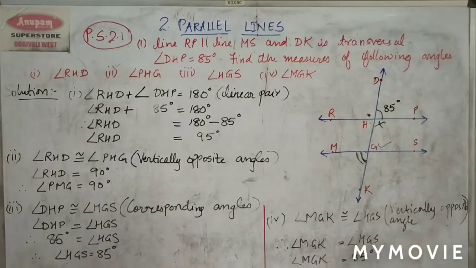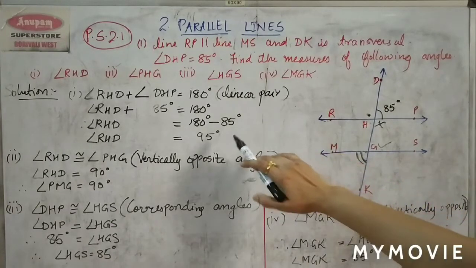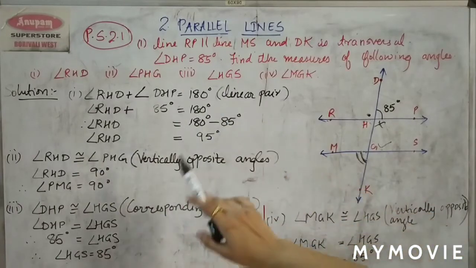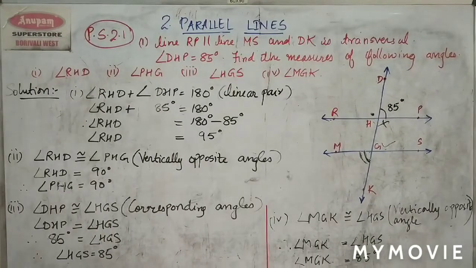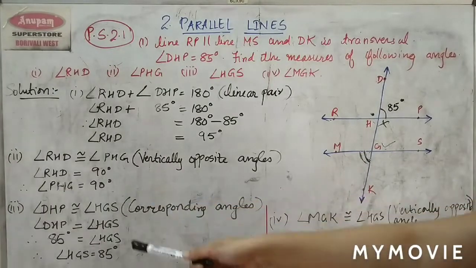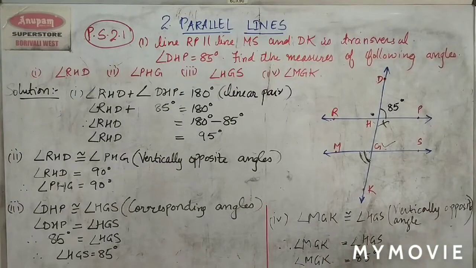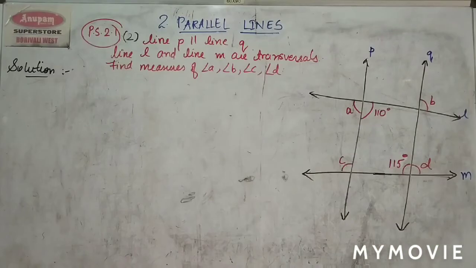So I'll say it is 85 degrees. So this is my final answer. So at the end I found out all the four answers. RHD is 95, PHG, I'm so sorry, PHG is 95 degrees, HGS is 85, and MGK is also 85.